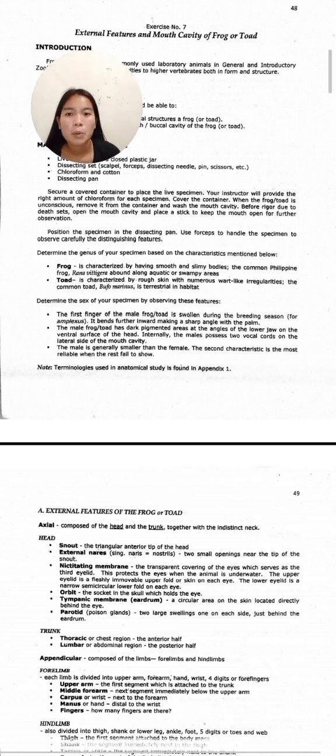Next is toad. Toad is characterized by rough skin with numerous wart-like irregularities. The common toad, Bufo marinus, is terrestrial in habitat.